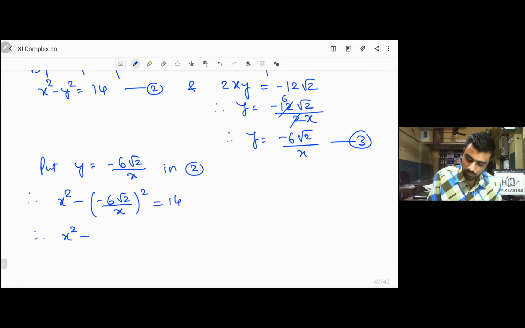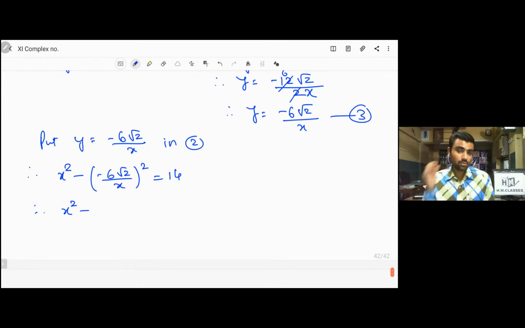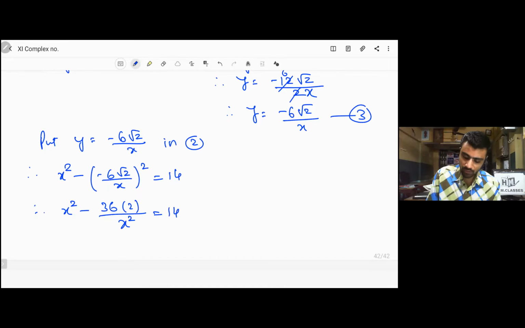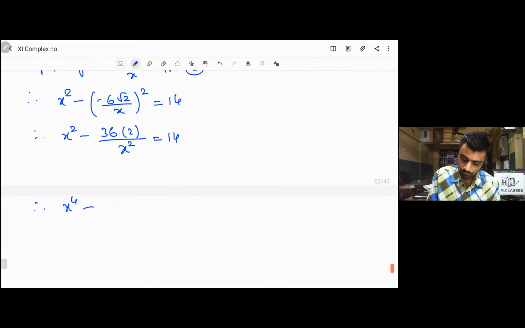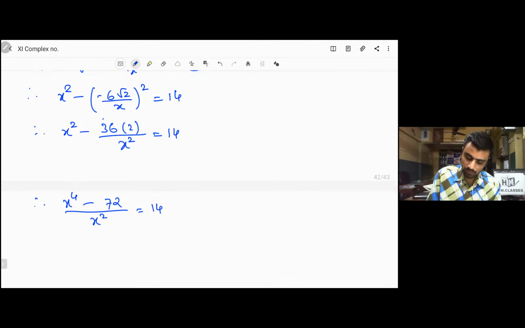Therefore x square minus, ये माइनस का whole square मतलब प्लस हो जाएगा, so this is going to be 36, and square root 2 का square, root of 2 उसका square मतलब 2, upon x square is equal to 14. And now cross multiply करेंगे, x raised to 4 minus 36 into 2, 72 upon x square is equals to 14.